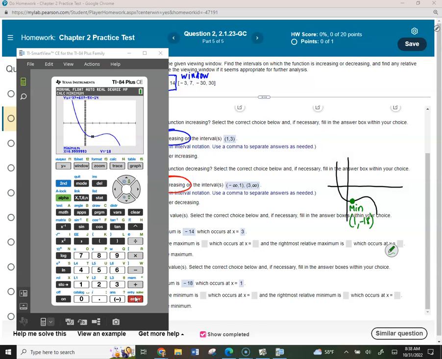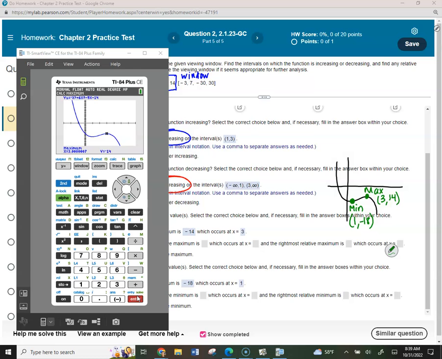Then you would repeat, and now to find the relative max, go left of it, and go right of it, and then guess. So the relative max is 3 comma negative 14. You go back to your paper and you would put that this is a max at 3, negative 14.